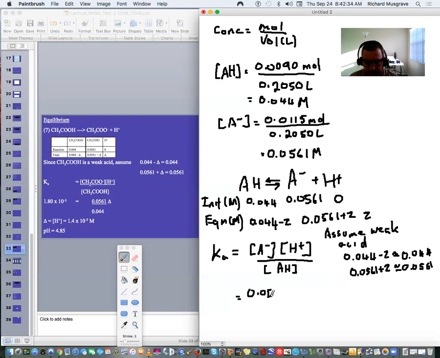So again, we substitute those in. And the Ka value is what we were given at the beginning, 1.80 times 10 to the negative 5.